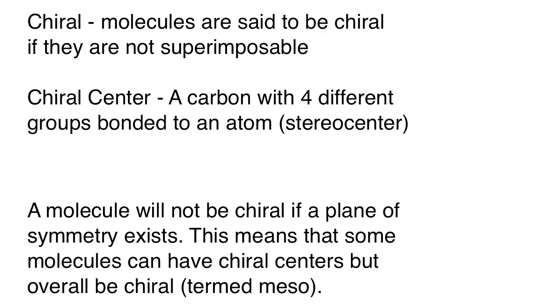The real definition of chiral or chirality is when you have molecules that are going to be non-superimposable, or they cannot be superimposed on top of one another, right? So in other words, the molecules have to be mirror images of one another, at least to some extent, okay?